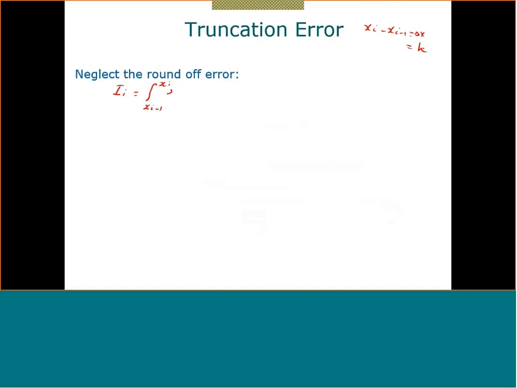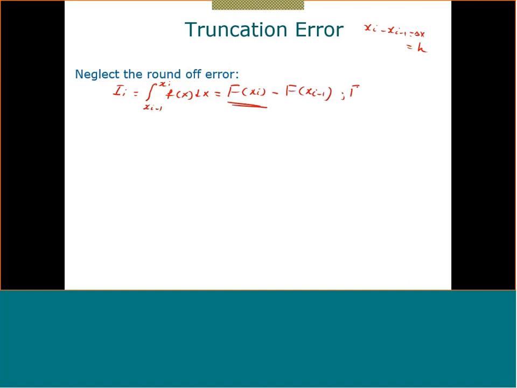So I have here my function that I am interested to find the integration of, and this will be the capital F of x_i minus F of x_{i-1}, which are the limits of my integration. Now, what is this capital F? What is the relation between small f and the capital F?